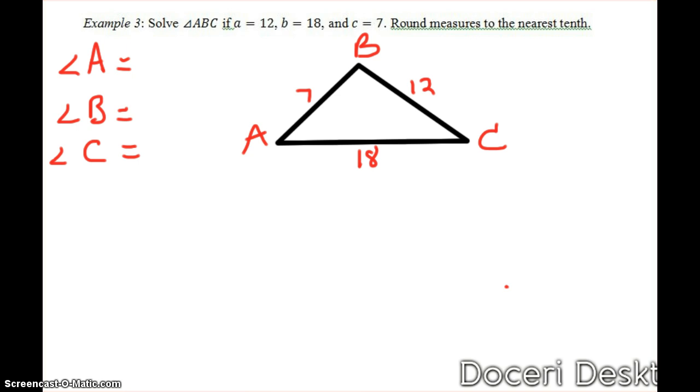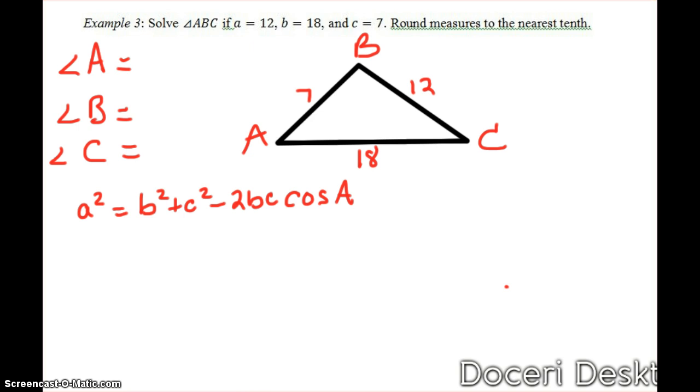I'm just going to pick what I want to solve for first. Let's just start with angle A, which means that when we write out our equation, we start with side A squared equals, and then we use the other two sides, B squared plus C squared minus 2BC, and then we have to end with cosine of angle A.